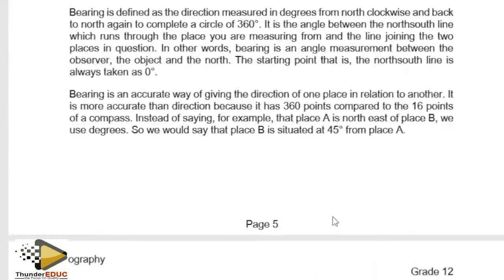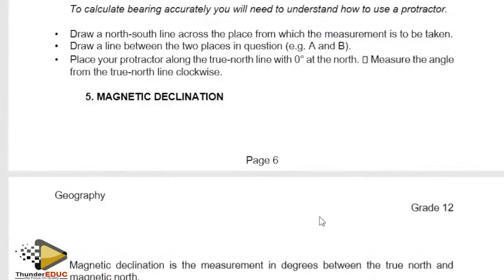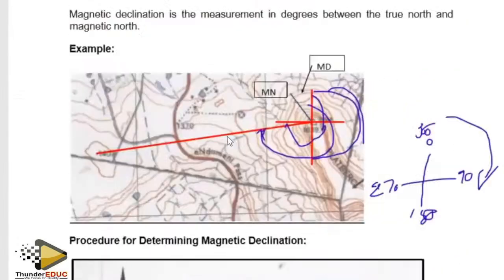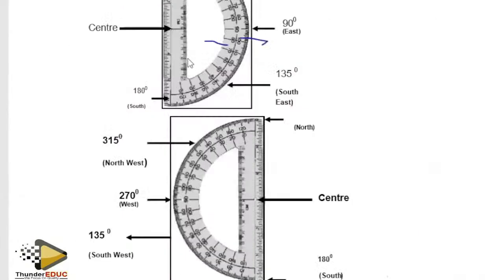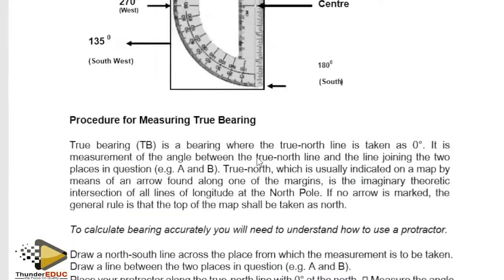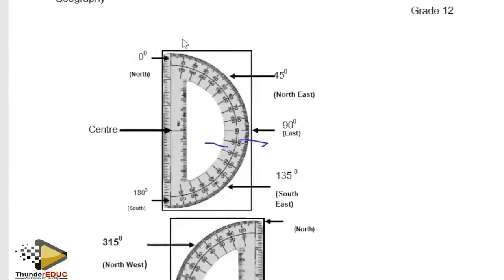When you lay it on this line, you make sure that this point here is 0 and here is 180. You see here? Here is 0 and 180.